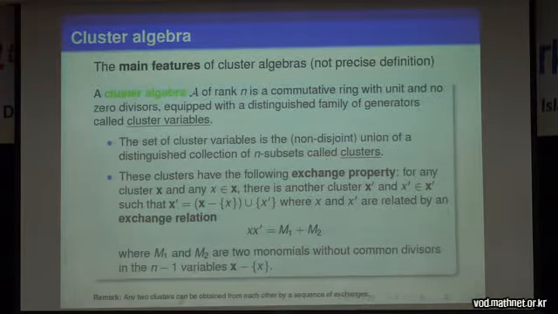They change, and then there is an exchange relation for these two variables. Here M1 and M2 are two monomials without common divisors, which are given in the n-1 other variables.